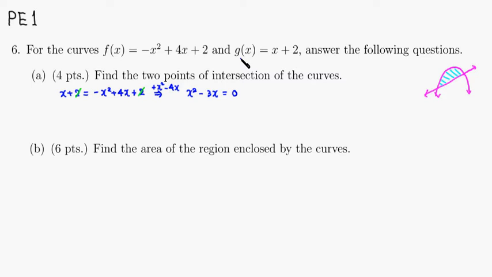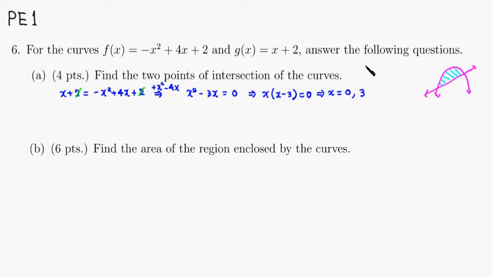Alright, then we can just factor that out. So just pull out the x's in common. So you have x times x minus 3 equal to 0. Therefore, we found the x coordinates of the points of intersection. It's either 0, or we can set the other factor equal to 0, so it's 3.